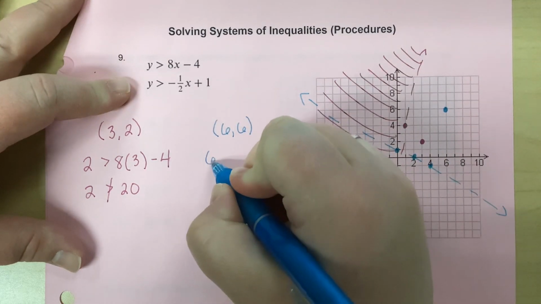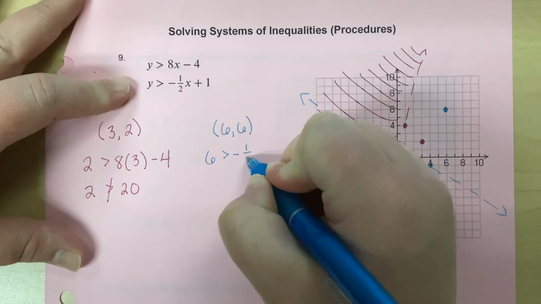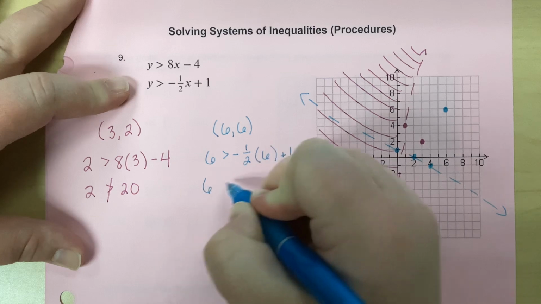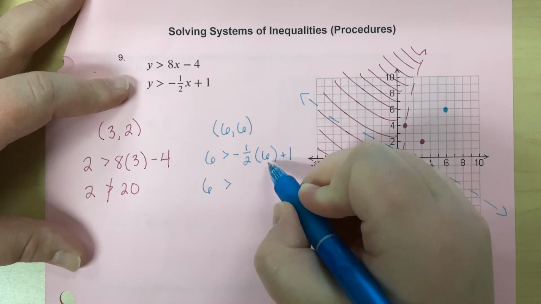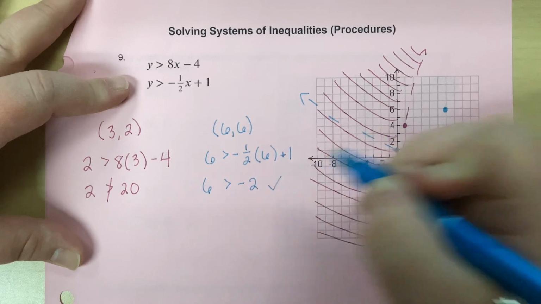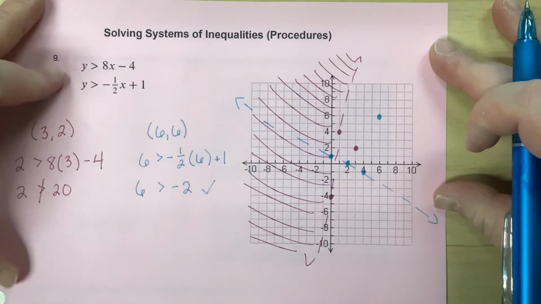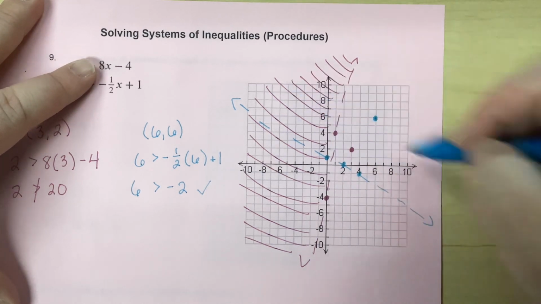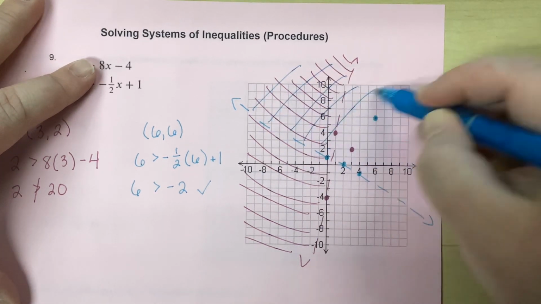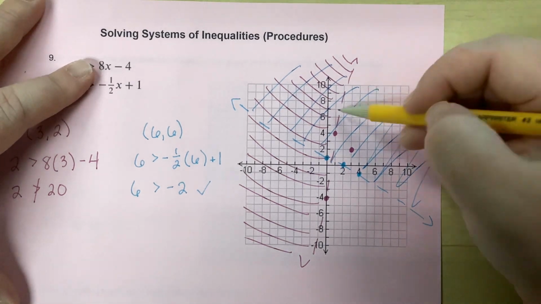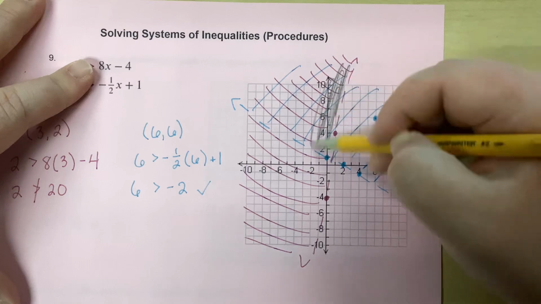So now I have 6 is greater than -1/2 times 6 plus 1. -1/2 times 6 is -3, plus 1 is -2. This one is true. 6 is definitely bigger than -2. So I'm going to shade the side with this dot here. So that's this side of the line, all the way across. So that means that my solution region is right in here with all of this mess.